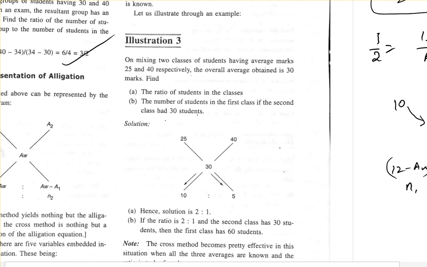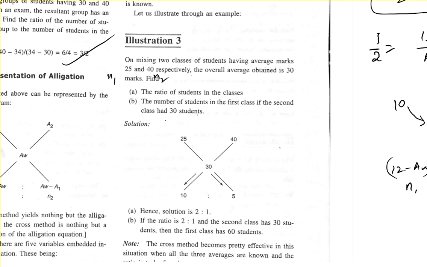Let me tell this again. At first, read the question very carefully. On mixing two classes of students, say N1 students are in the first class, N2 students are in the second class. We cannot obtain both N1 and N2, but we obviously can obtain the ratio of N1 and N2.